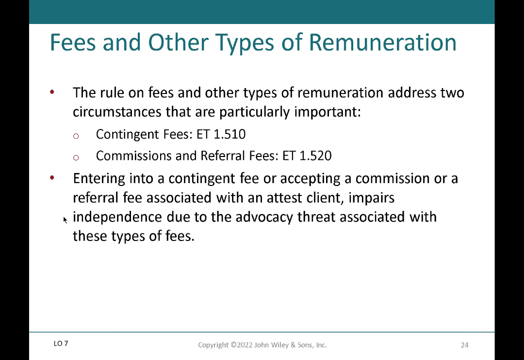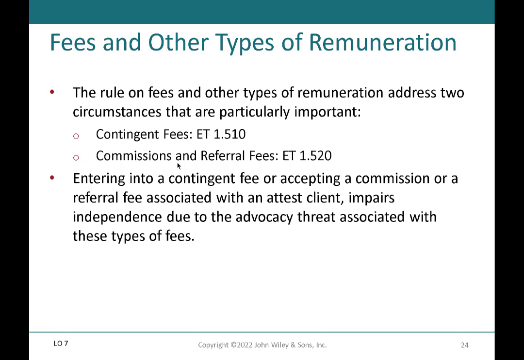Another big area of potential ethical problems for CPAs is the way in which they get compensated by their clients. There are two special forms of compensation that are prohibited: contingent fees, and commissions and referral fees. A contingent fee just means the CPA would get a bonus if certain thresholds are met.